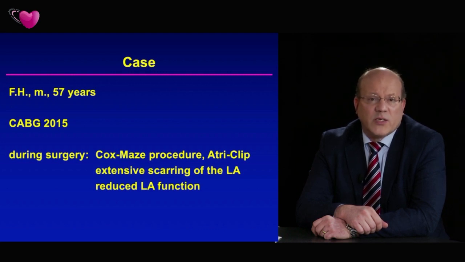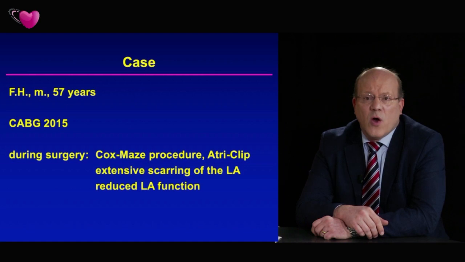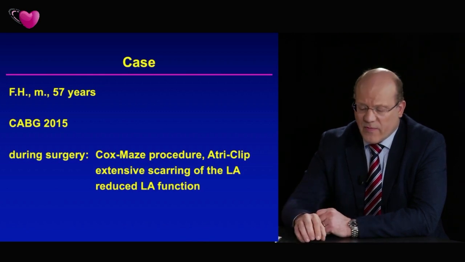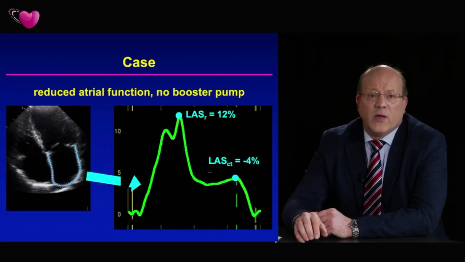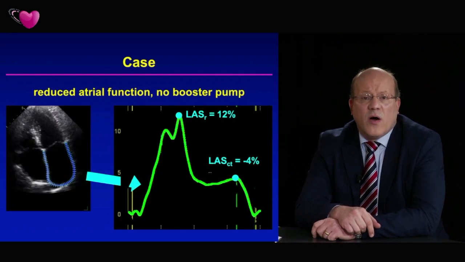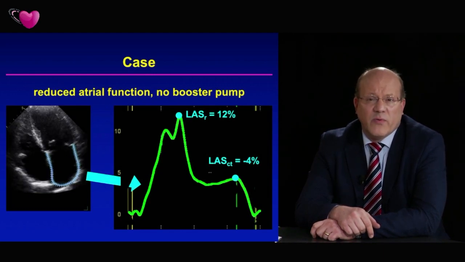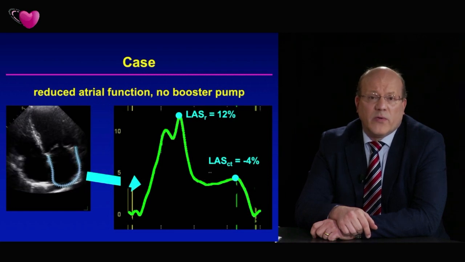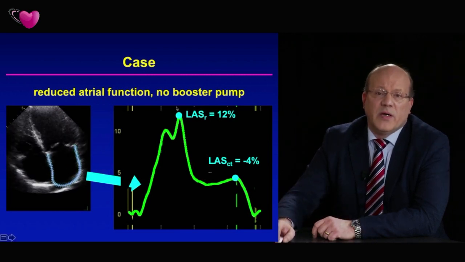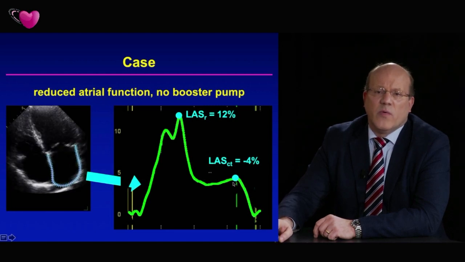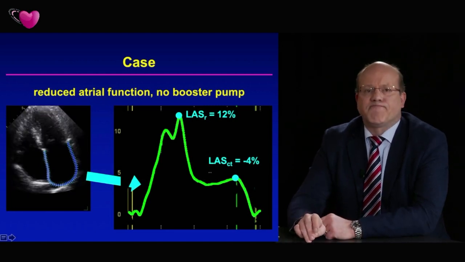So this patient has a lot of extensive scarring of the left atrium, and he has a reduced left atrial function, and that explains why we have these low A waves. And also, if we look at the strain of the atrium in this patient, then we see that the strain is severely reduced, both in the reservoir phase, so at the peak here, and also this contraction strain is very, very low, with only 4%.